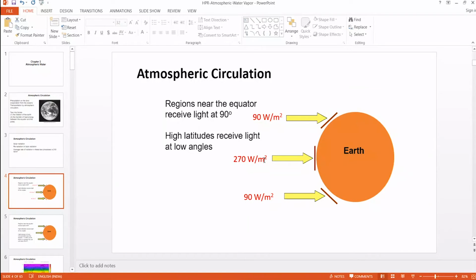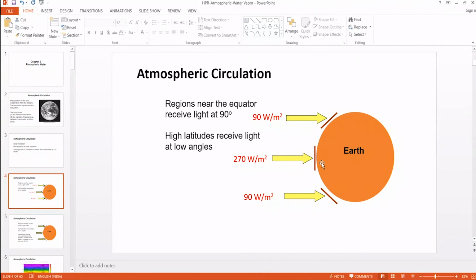So at 90 degrees, the sun rays hit the equator, and as the latitude increases, these sun rays hit at an oblique angle. We know that when sun rays hit at 90 degrees, maximum energy is transferred to the earth, but when they hit the earth at an oblique angle, a small amount of energy is transferred.